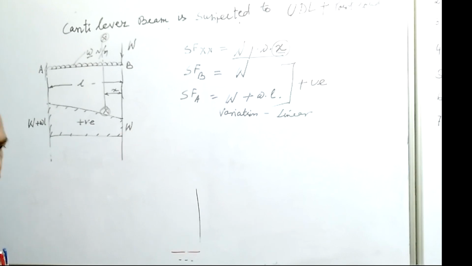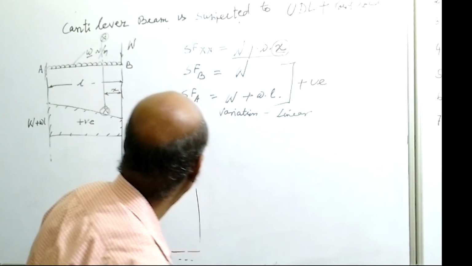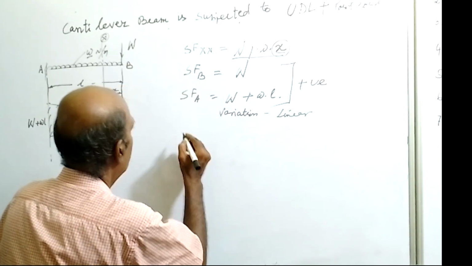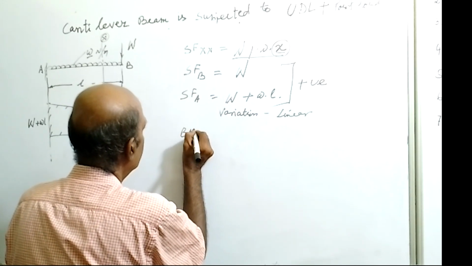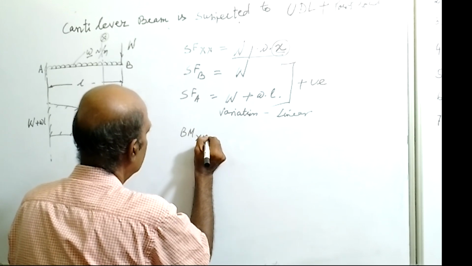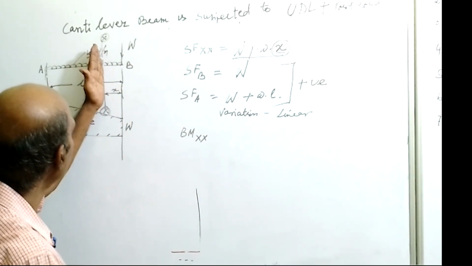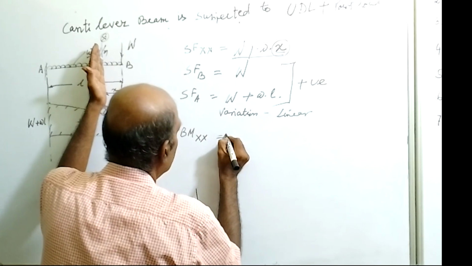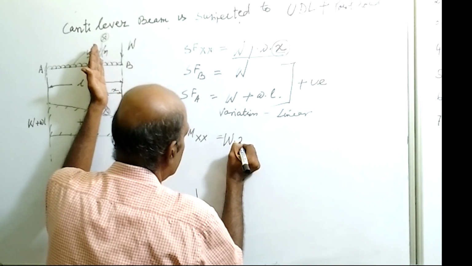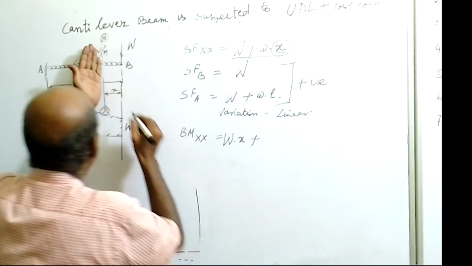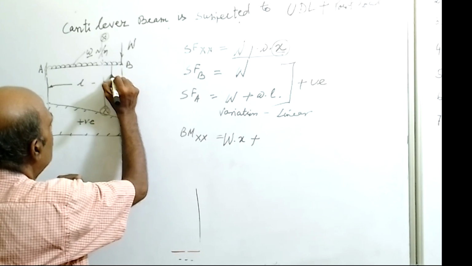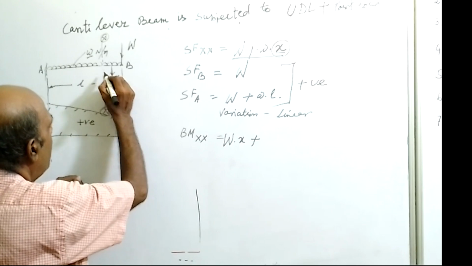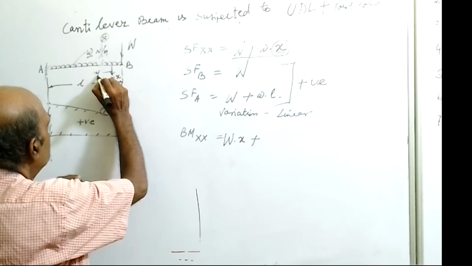Now we will move to find the bending moment diagram. Bending moment at section XX: capital W will give a moment about this section, that is capital W into x, plus this is the UDL, whose total load is small w into x, and this distance is x by 2.